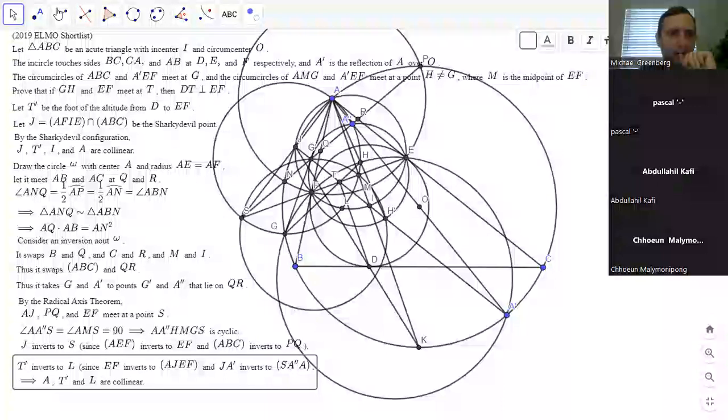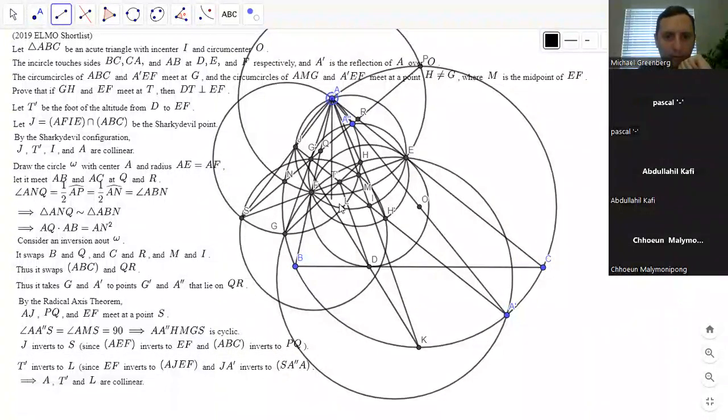And once we know that, I think we can just use the radical axis theorem to show that GHIJ is cyclic. So I think there's a lot of extra stuff that I didn't really need. I don't think I needed G prime. I don't know if I needed Q and R actually.